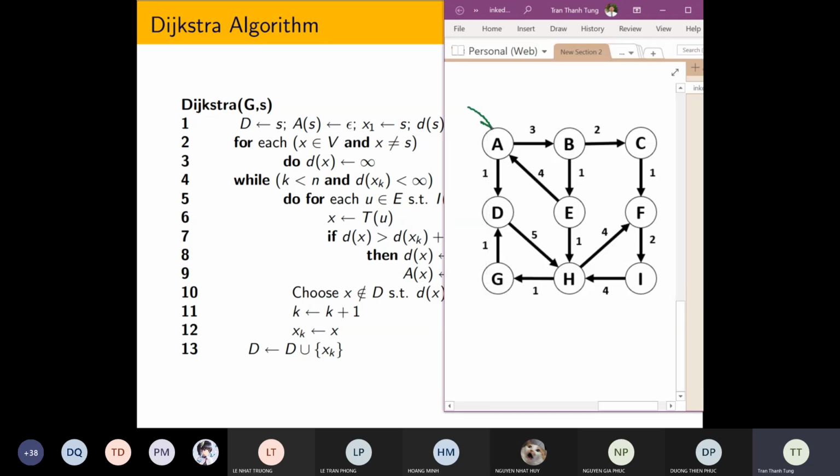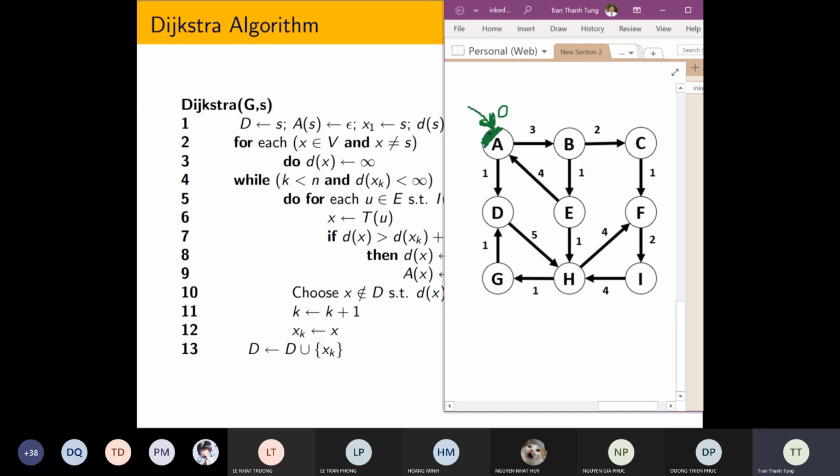This algorithm, of course, has many ways to present it, but at first we try to run it on the graph directly. So from A, initially we set this to 0 and everything else is infinity. What we do, we take the item in the marked set.